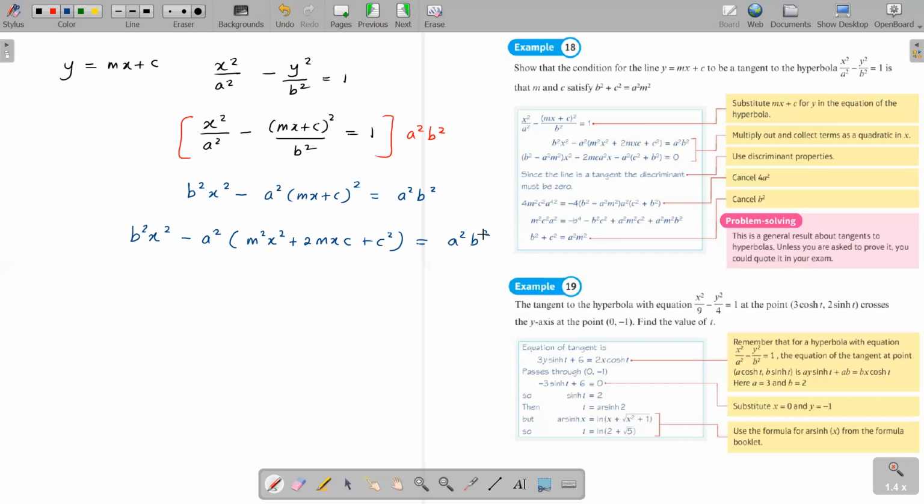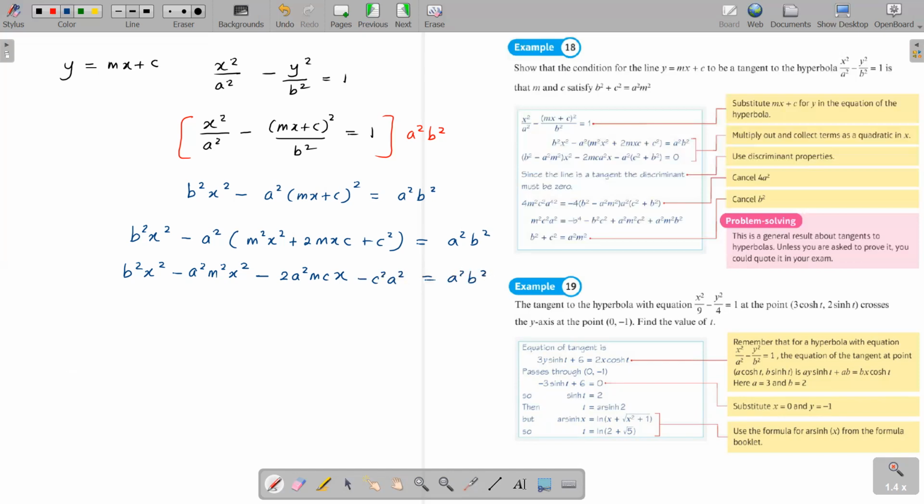Okay. So the only variable here is x. So when I separate this out, I get b square x square minus a square m square x square. Okay, you agree with me, right? Minus 2a square mcx. I put the x to the corner so I can easily identify. Minus c square a square equal a square b square.